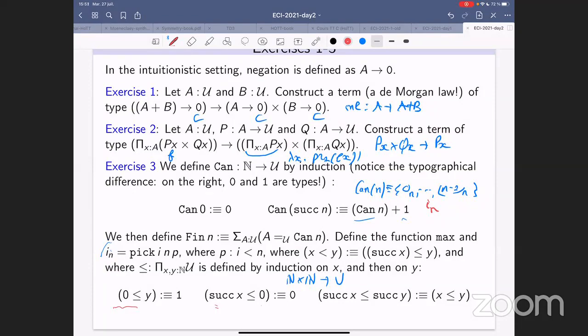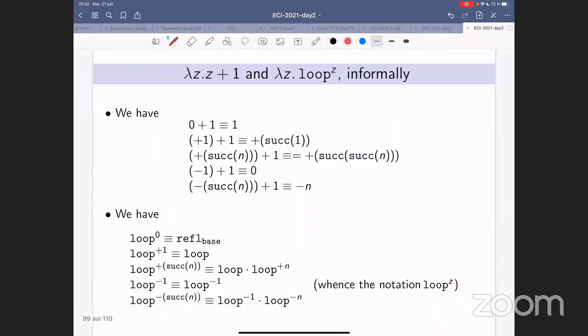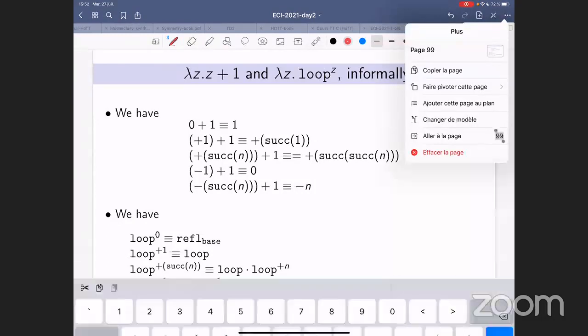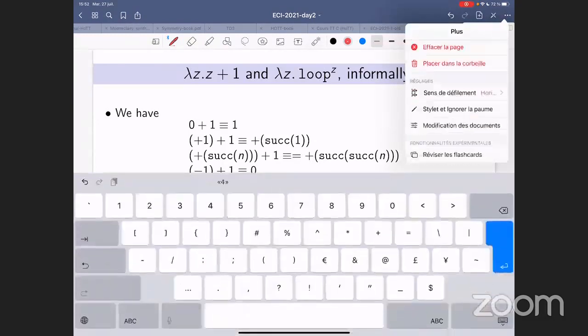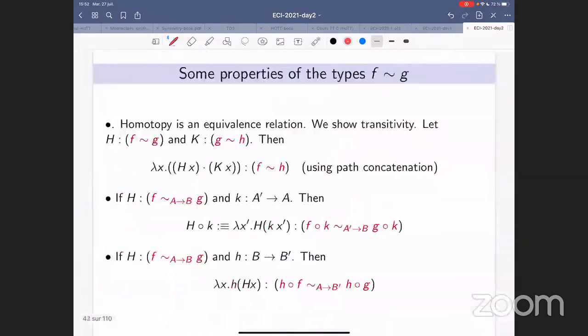Okay, so now let's return to where we were. I think we were somewhere near page 40. Yes.